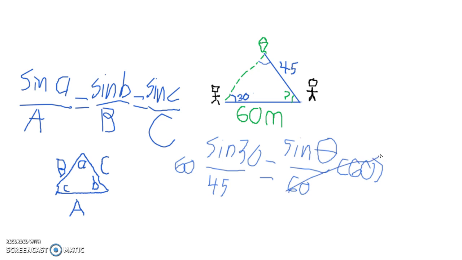Now, this side would cancel each other out, and 60 divided by 45 is 4/3. So this would give us 4/3 times sine of 30 degrees is equal to sine of theta.